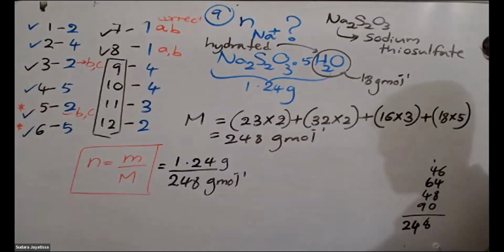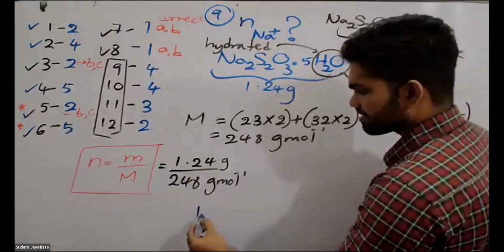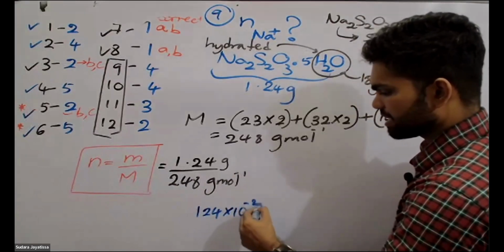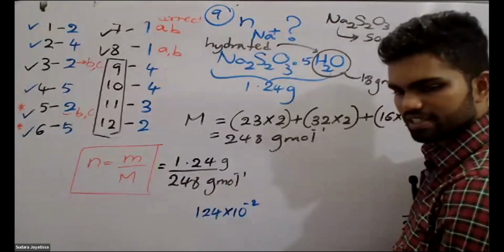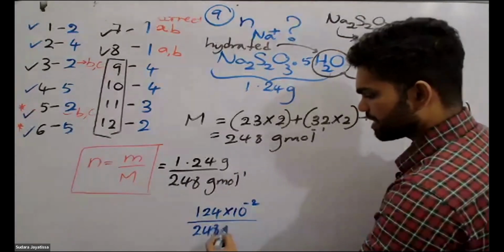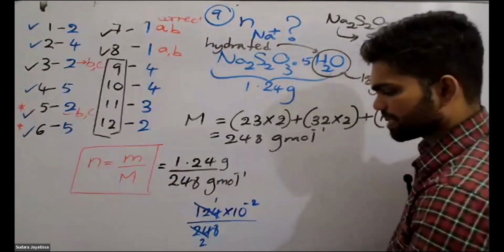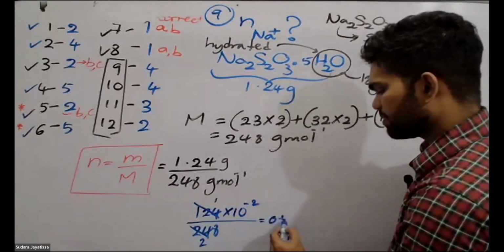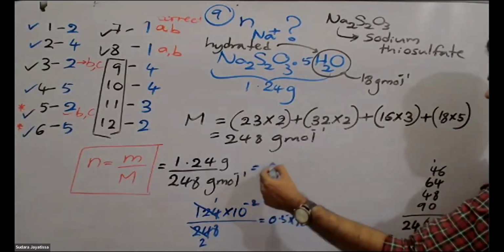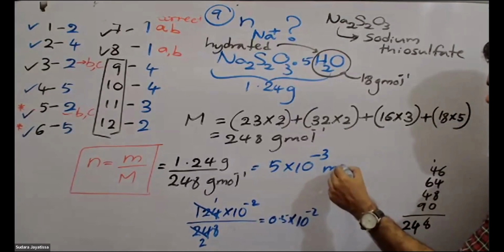For those who need simplification support, you can write this 1.24 as 124 into 10 to the power minus 2, from scientific notation. And then divide by 248. You can cancel this with a pencil, then 0.5 into 10 to the power minus 2. So the answer is going to be 5 into 10 to the power minus 3 moles.